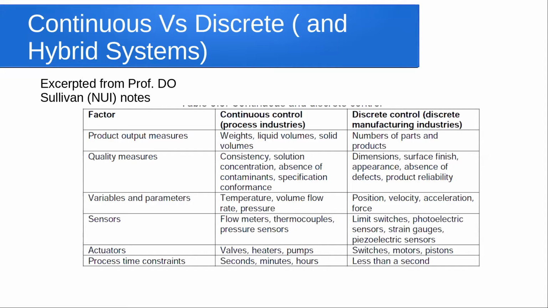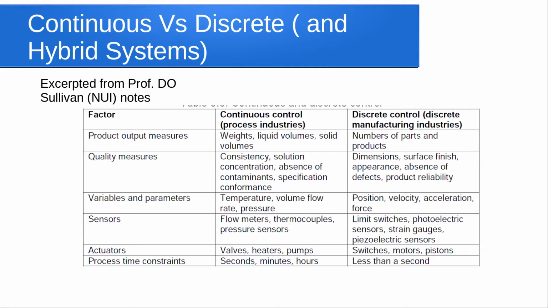Pressure sensors also form that. However, photoelectric sensors, infrared sensors, strain gauges, piezoelectric sensors are discrete control elements. When it comes to actuators, we have valves, pumps, heaters that fall under the continuous category. On the other hand, switches and discrete digital motors are discrete actuators.